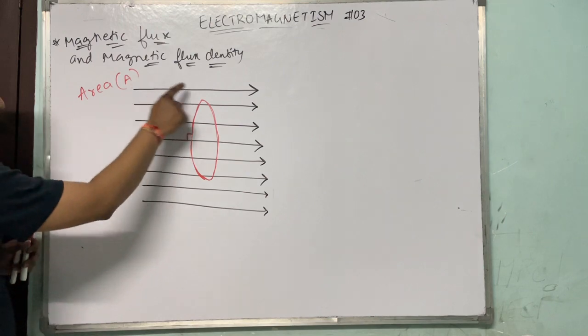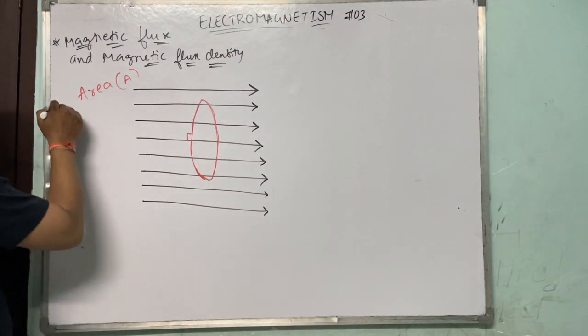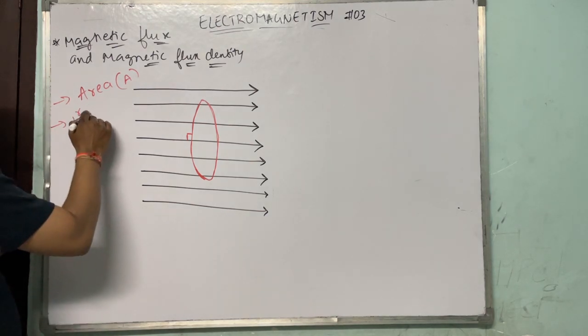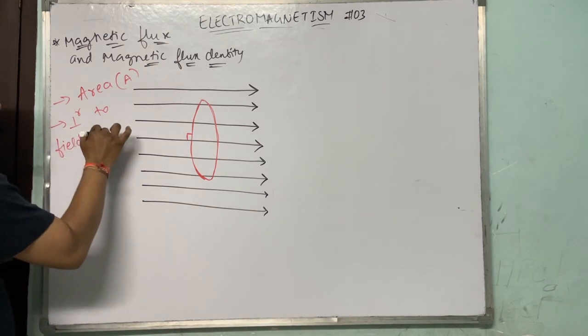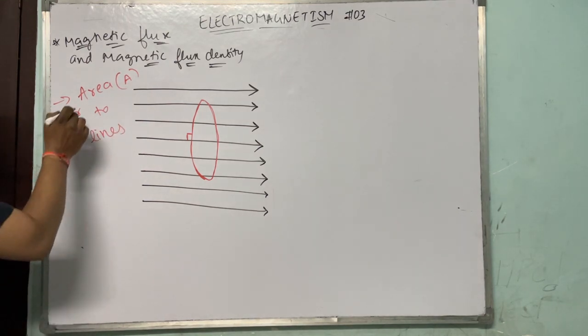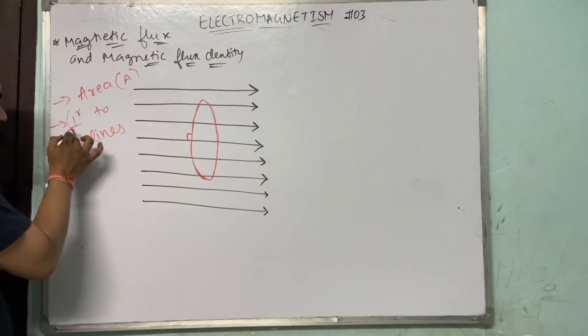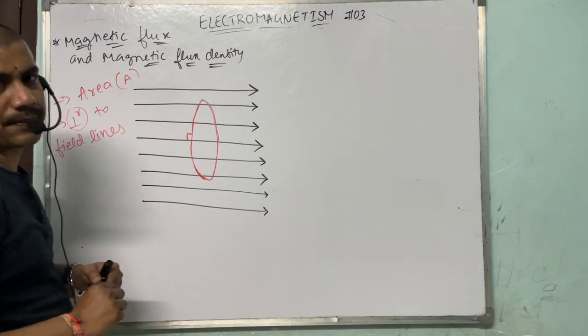So the plane area should be A and that plane must be perpendicular to the field lines. Two conditions understood everyone? Area of the plane should be A and the plane must be perpendicular to the field lines. Right? That type of plane you have to consider.